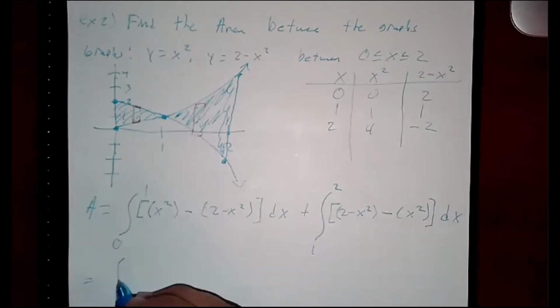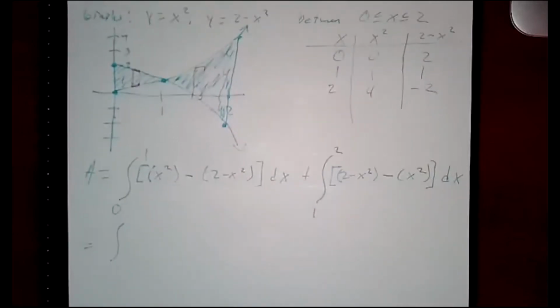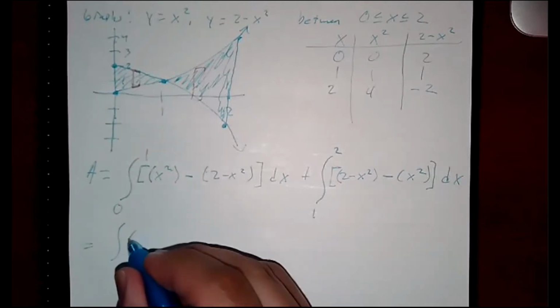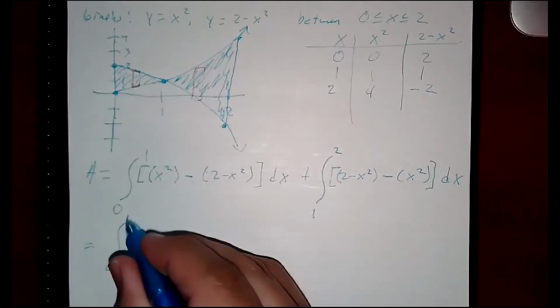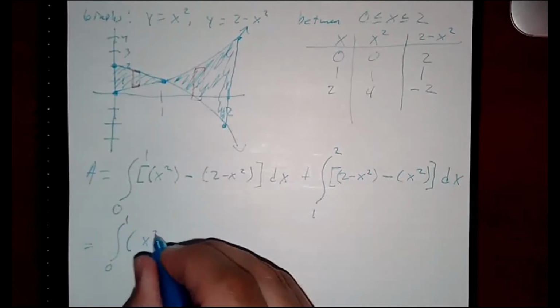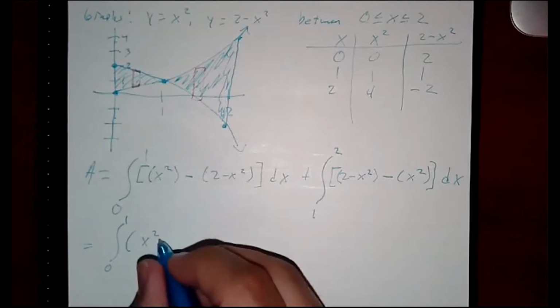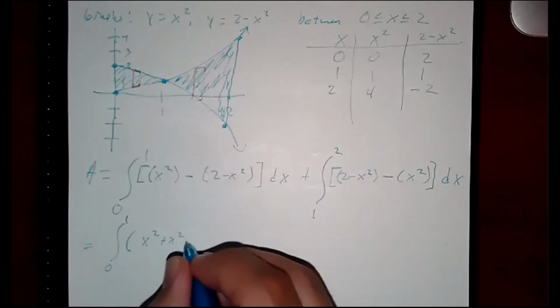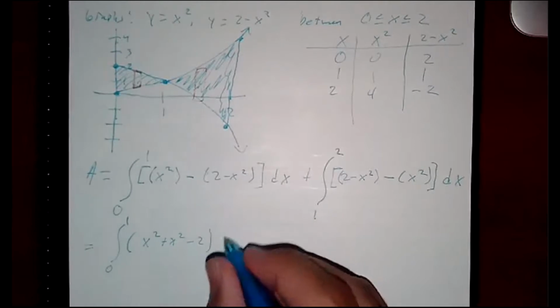Okay, so now we can calculate the area between the curves, even though the area is separated into two different sections. We're going to get the integral from 0 to 1 of x squared minus minus, which will be plus x squared minus 2. Combine that in a minute.